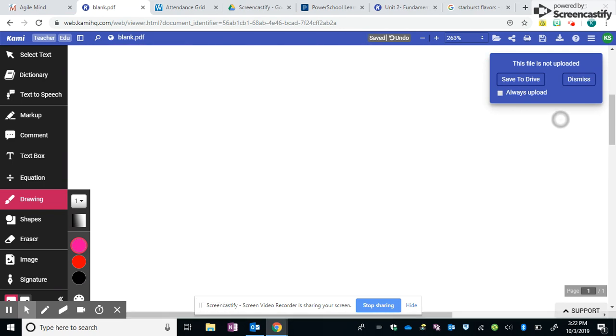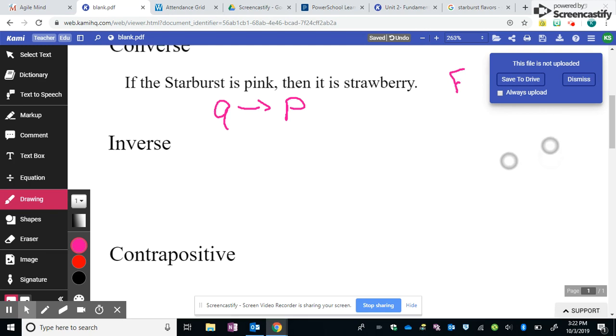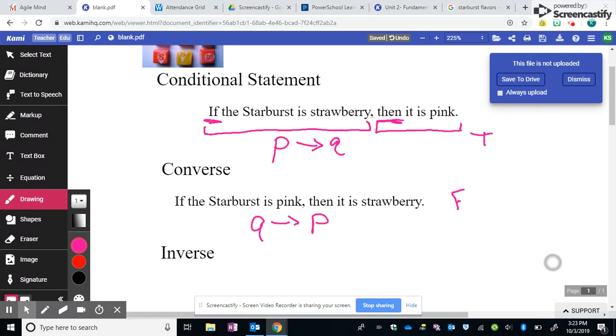Then we learned about inverse. An inverse statement introduces the word not. We're going to write our original statement, the original conditional, except we're going to put not in each part.